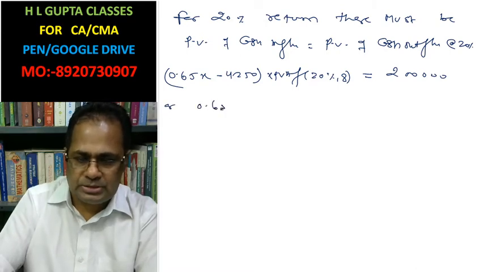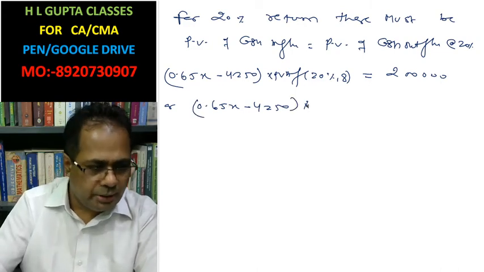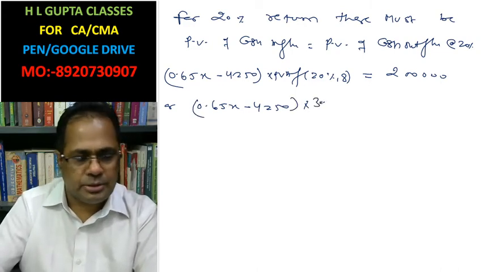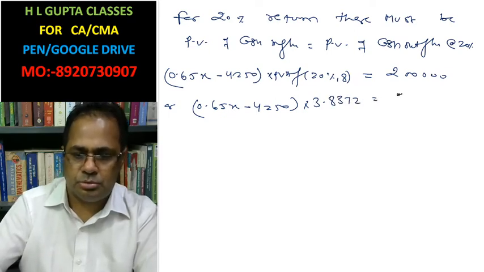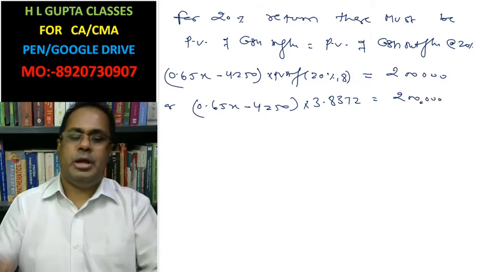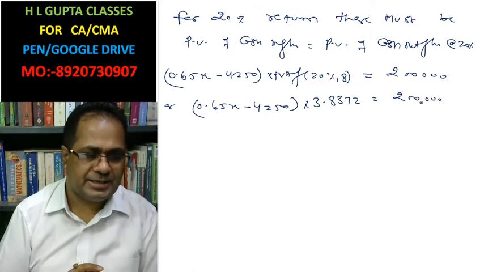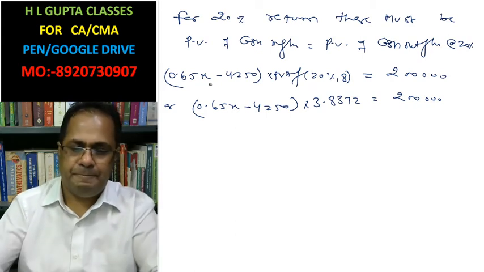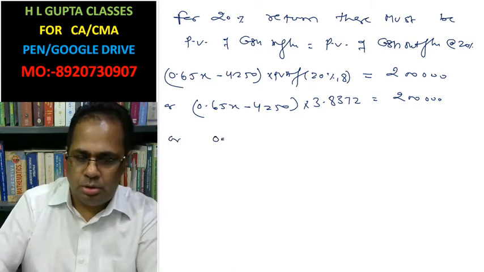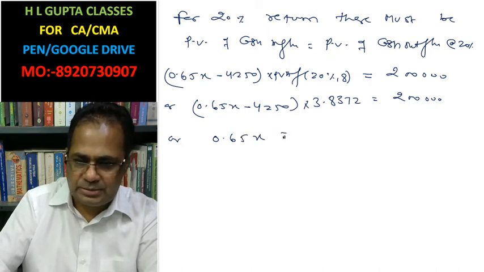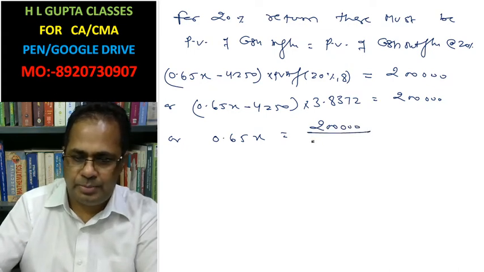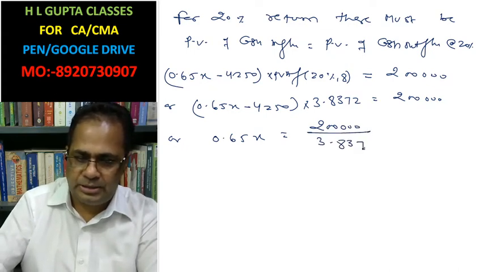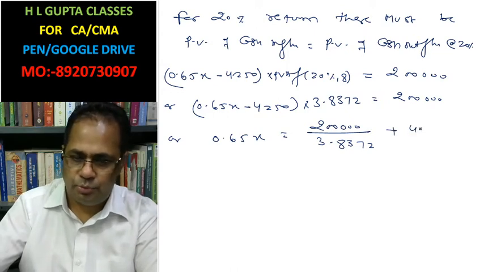Or 0.65x minus 4250 into 3.8372 is rupees 2 lakh, and you have to calculate the value of x. Or 0.65x equals 2 lakh divided by 3.8372 plus 4250.